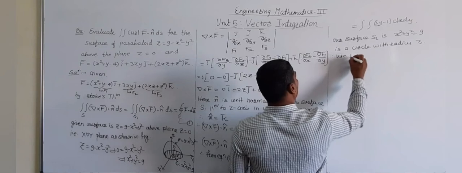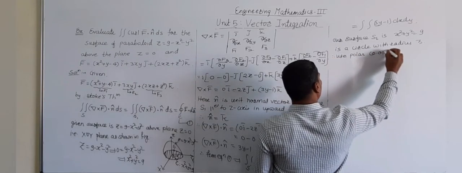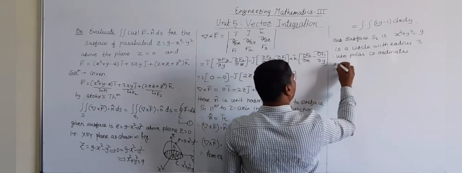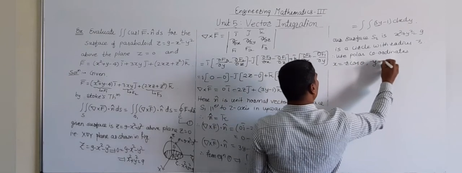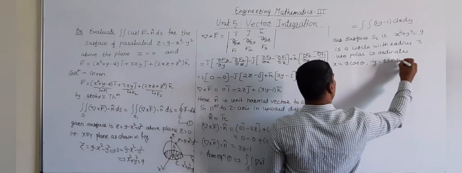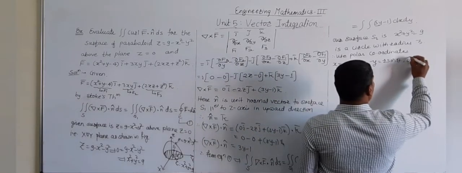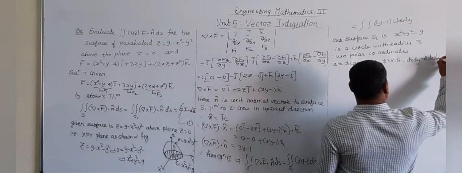Therefore, use polar coordinates: x is equal to r cos theta, y is equal to r sin theta. Okay. And dx dy is equal to r dr d theta.